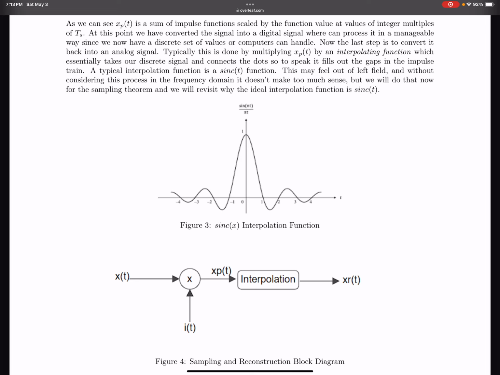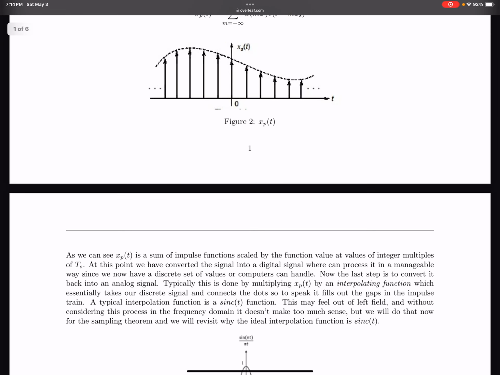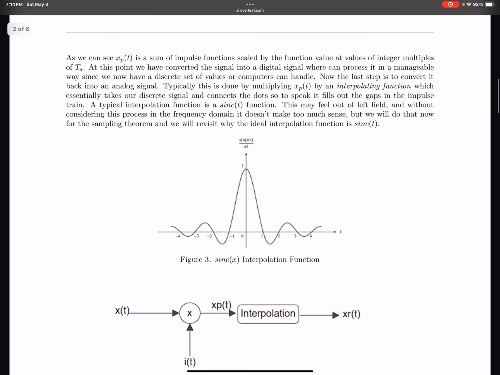The last step is to convert it back into an analog signal. At this point, we already have something that the computer could work with, and maybe we do some processing to the signal, but now we want to convert it back into an analog continuous signal. So we multiply this discrete x_p(t) signal by an interpolating function, which basically takes our discrete function and connects the dots in some way.